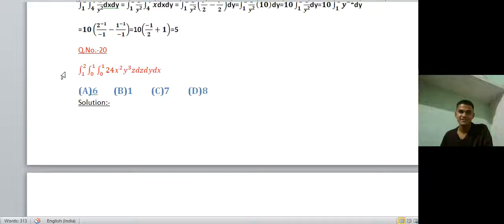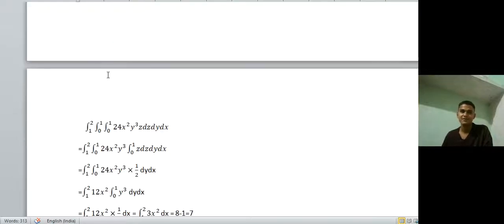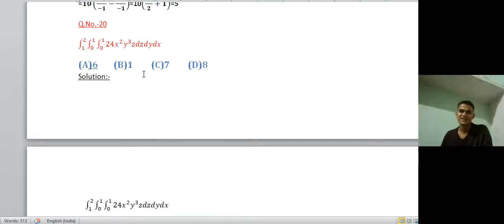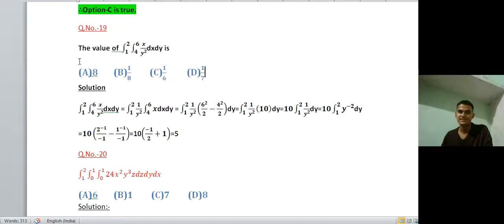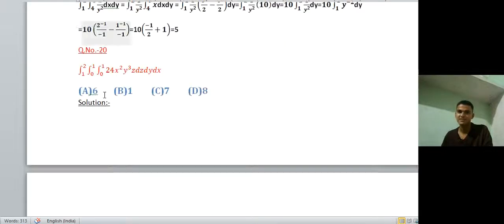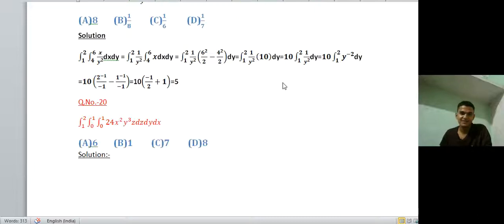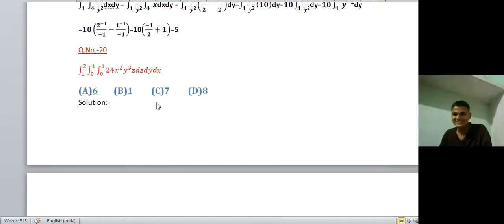Then question number 20 is a triple integration question, and this is also the same kind of question as question number 19, but that was double integration and this is triple integration. The same two challenges also exist for question number 20.